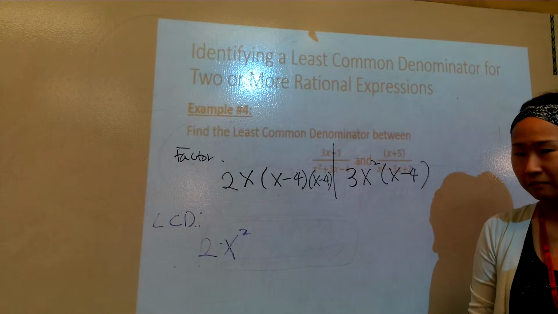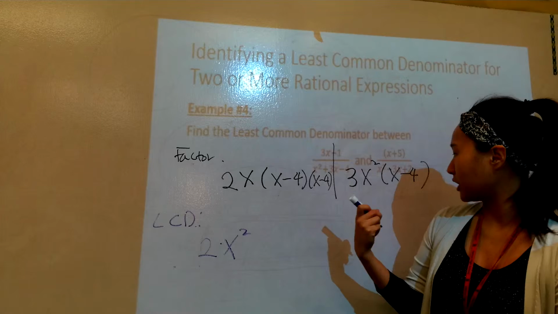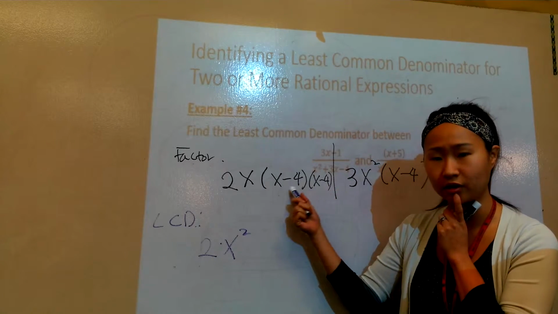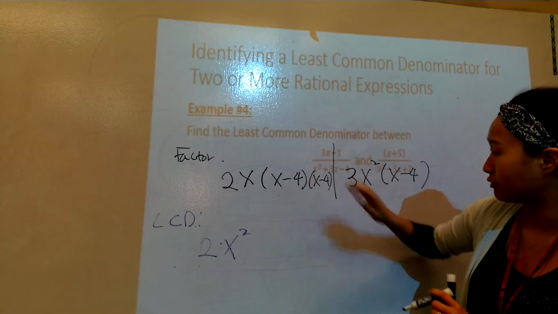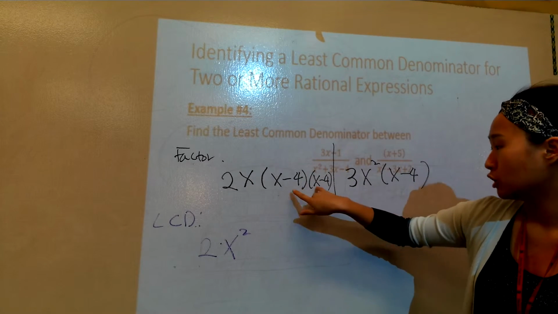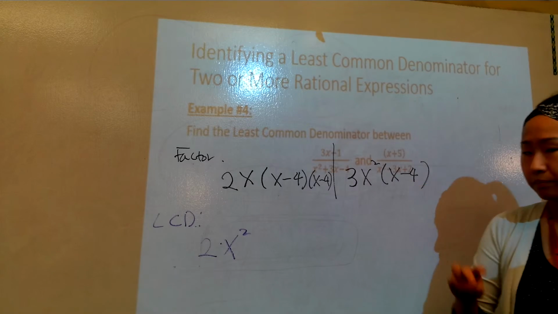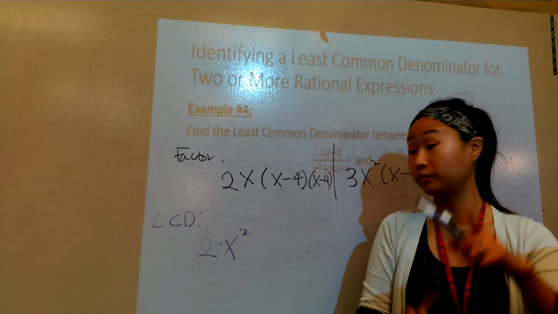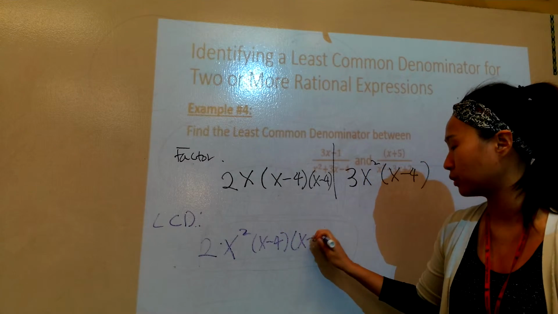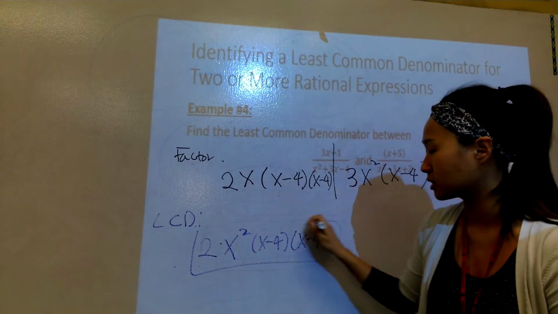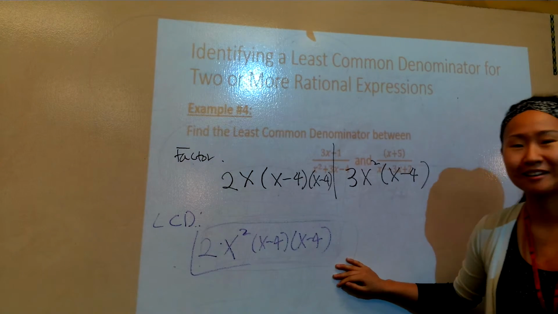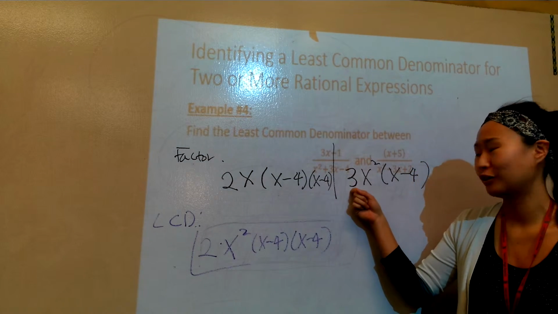Got that? Maybe? Let's move on to the other factor, x minus 4. I have 2 of them here. And you're right, I could have written this as x minus 4 squared if I wanted to. So 2 of them and 1 of them. I need 2 of them. So x minus 4, x minus 4. Here is your least common denominator, except I forgot 1. What am I missing? 3.